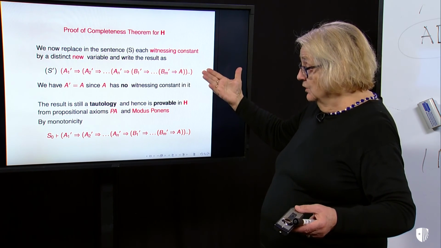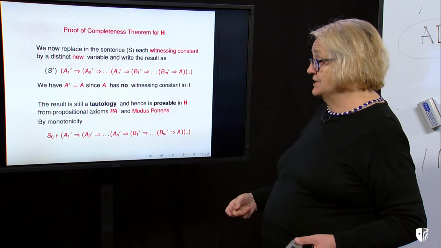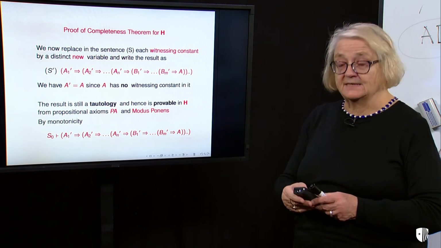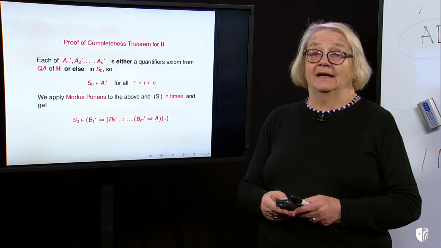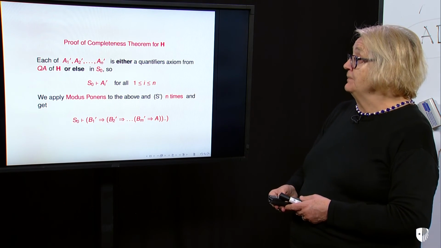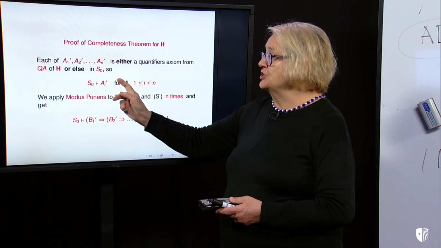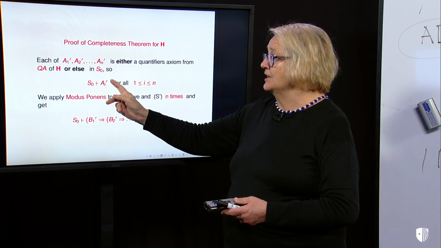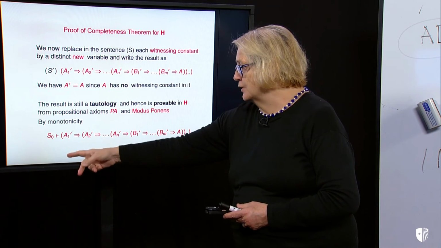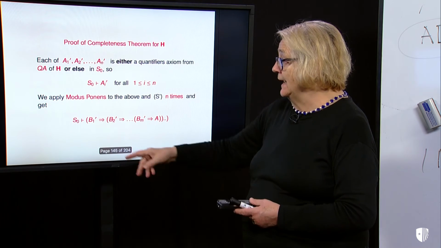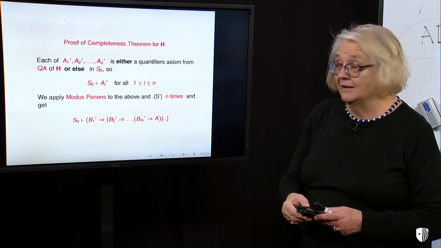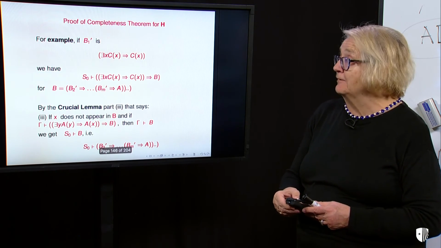The result is still a tautology, so it is provable in H. By monotonicity, that whole sentence is provable in S. Now S0, by definition, proves the pieces, so you can apply modus ponens, and we get that S0 proves that formula. I want to have a proof of the formula A.